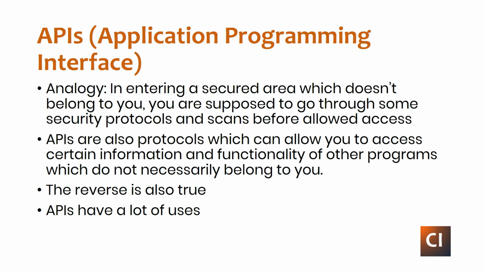Let's say you are building software that needs to show the weather or the temperature at that point in time to the user. You do not have access to the equipment used to measure temperature, so you can read from another software that does that to fetch the weather at that time. That is when APIs come in.